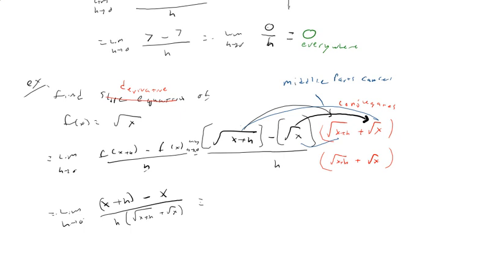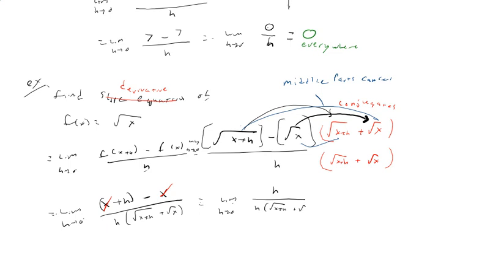So I have this here on the top. Now, again, I have some things that cancel, like x minus x. The x's are going to cancel each other out. So I have the limit as h approaches 0 of h over h times radical x plus h plus radical x. And my h's cancel. Look at that. There's the h going away.